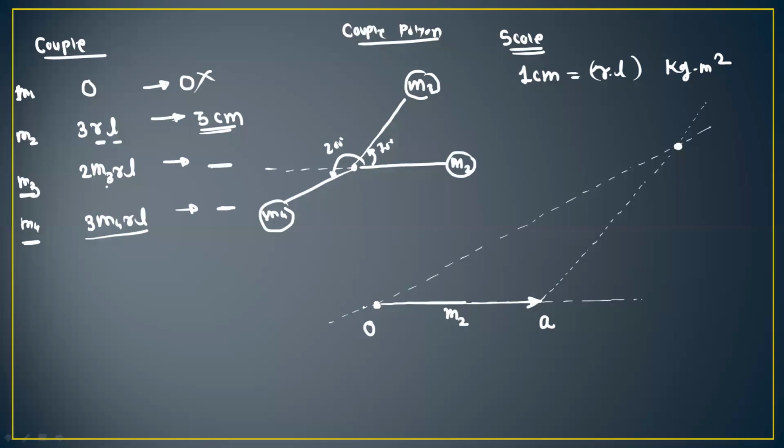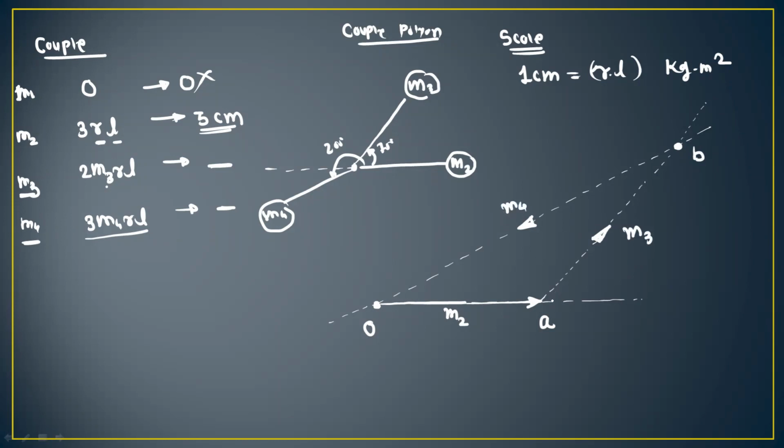Now draw the direction of vector in this sequence. So O to A, then A to B, and B to O again. So AB vector, this is for mass M3, and B to O vector, this is for mass M4.